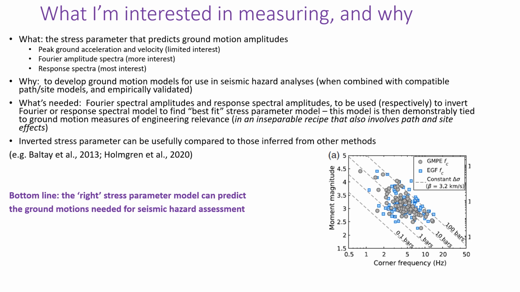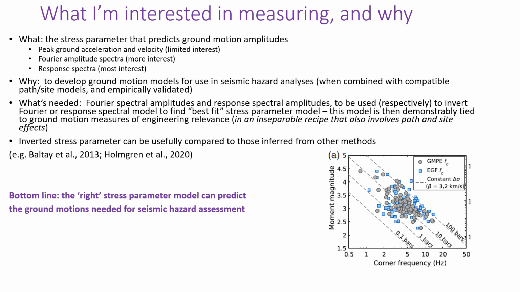So what's needed in order to do that are Fourier spectral amplitudes and response spectral amplitudes that can then be used to invert models to find the best fit stress parameter. And that model can then be demonstrably tied to ground motion measures of engineering relevance.